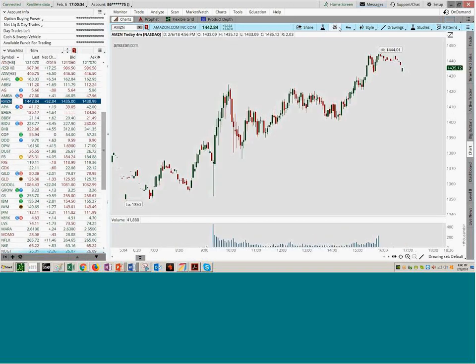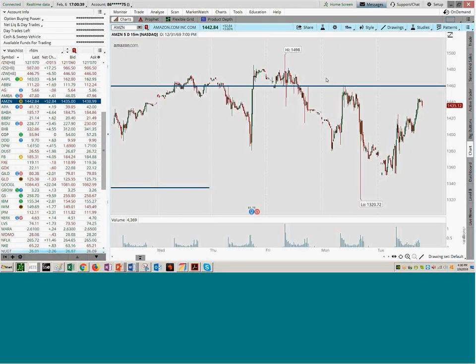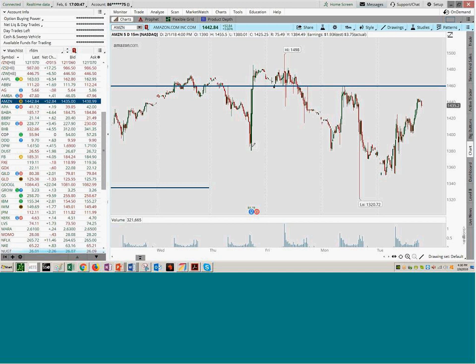When it first opened, it went down to 1380, and before the aftermarket closed, it was at 1480. You could have bought stock at 1380, sold at 1480, and made $100 on the stock.